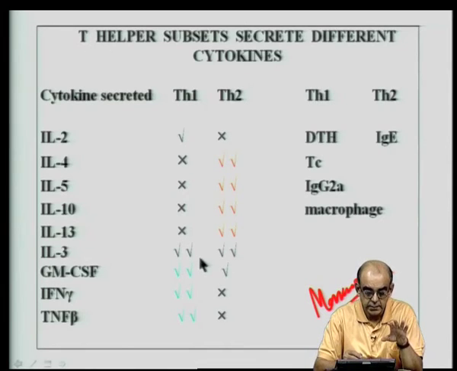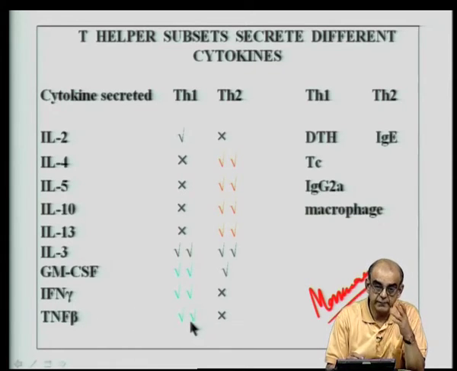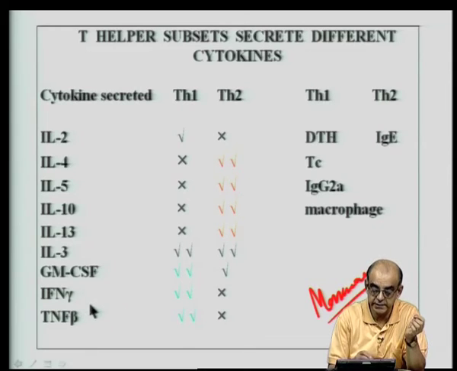If you look at IL-3, GM-CSF, gamma interferon and TNF beta, you will find that these are secreted by the Th1 subset. You also have TNF alpha, or TNF, being secreted in inflammatory situations. So, these are peculiar to the Th1 subset, whereas these are peculiar to the Th2 subset.